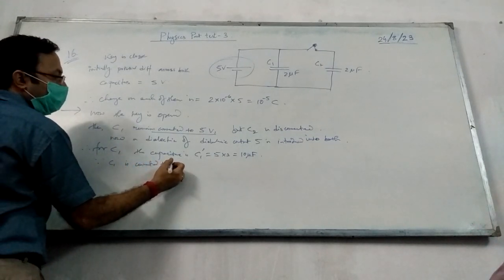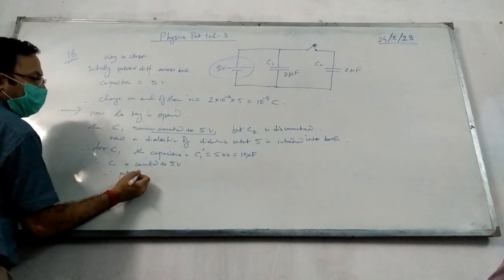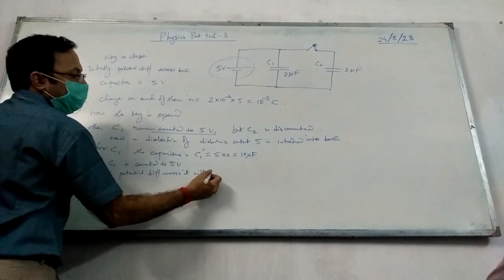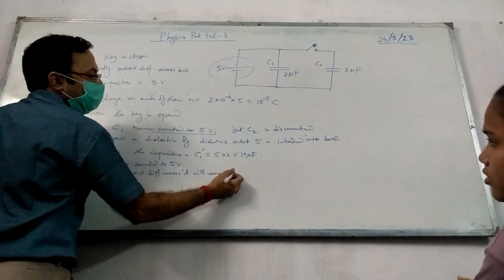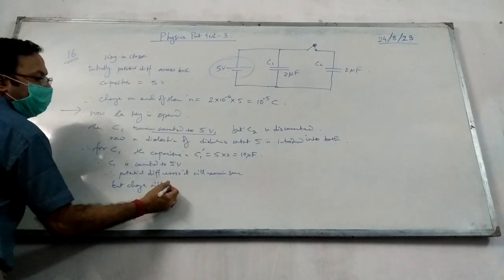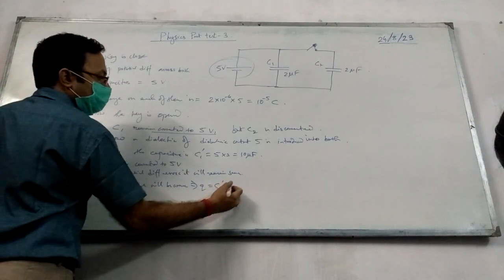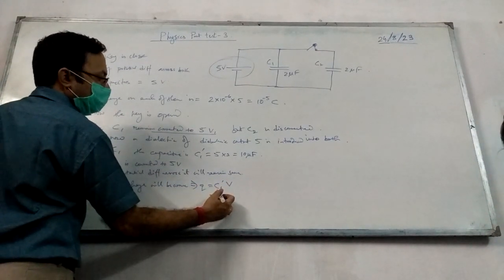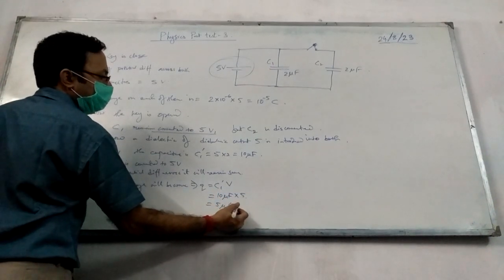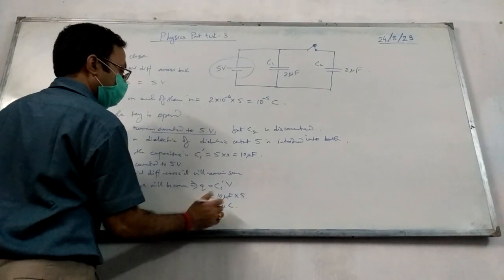Q equal to CV, so C1 dash into V. C1 dash is 10 microfarad into V is 5.